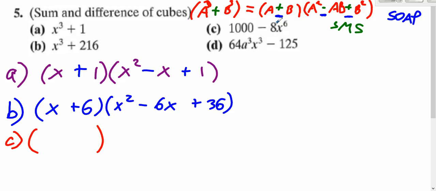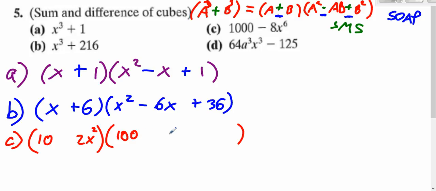For C, you got to look at what's being cubed. That's 10 cubed. And that is 8 you get from doing 2 cubed. X to the 6th you get from x squared cubed. And then our 3 terms you get from doing squared, so that's 100.